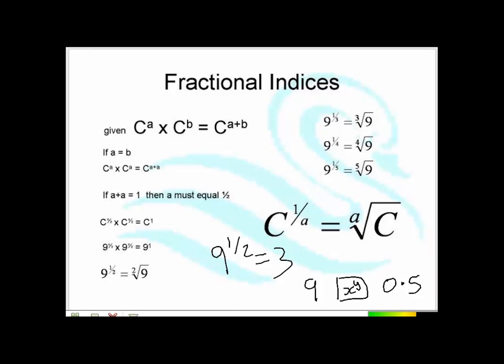Or sometimes that button looks like a top hat sign to give you the square root of 9. Right, so that's fractional indices, and the reason we need to know them is because some calculators don't have square root buttons anymore.